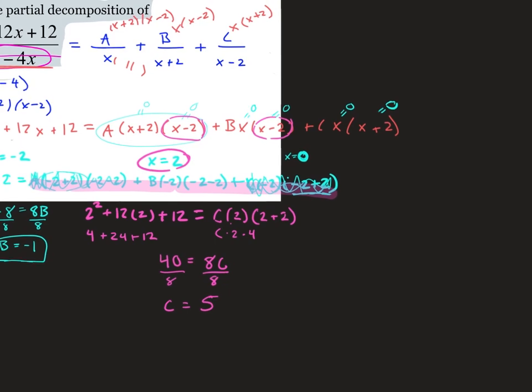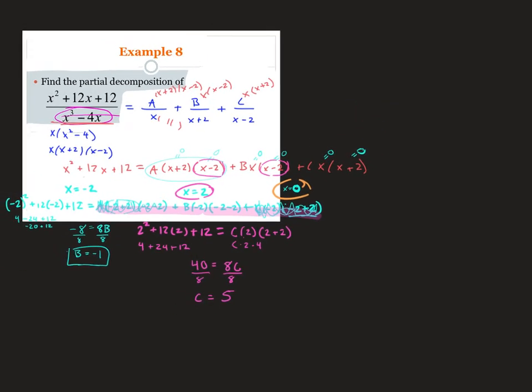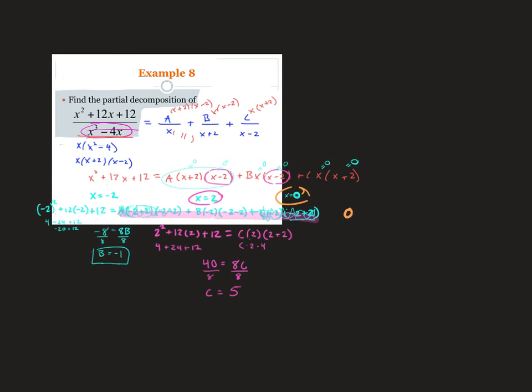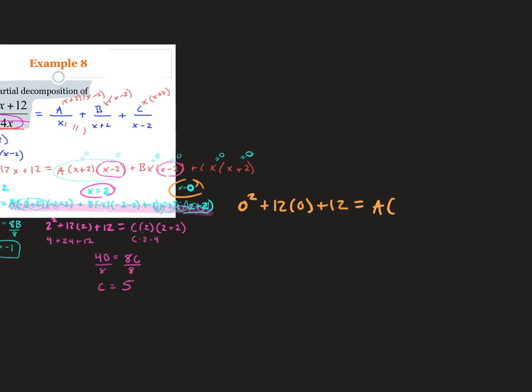Now we do the same thing for 0. So we have 0 squared plus 12 times 0 plus 12 is equal to a times 0 plus 2 times 0 minus 2.